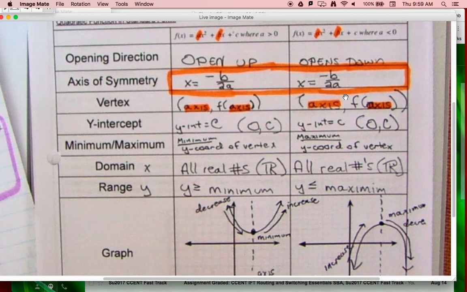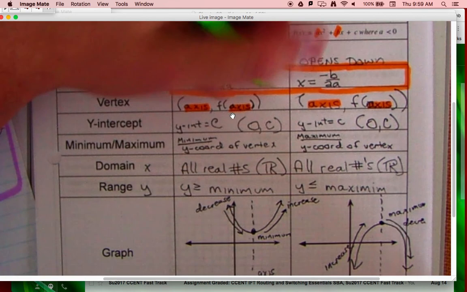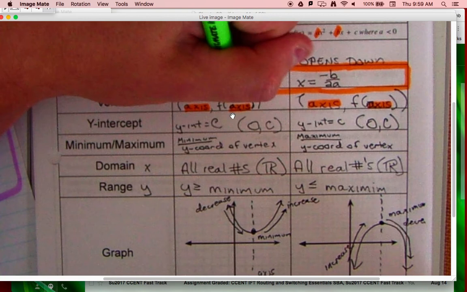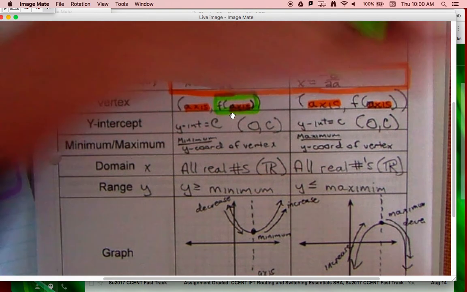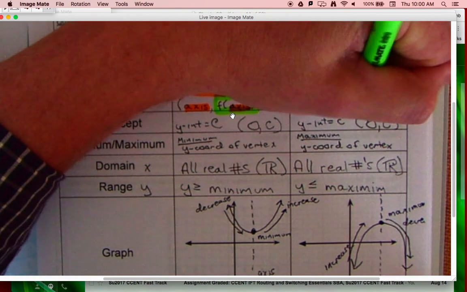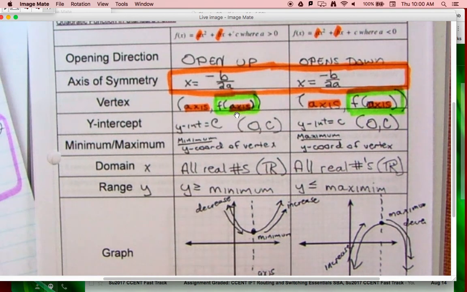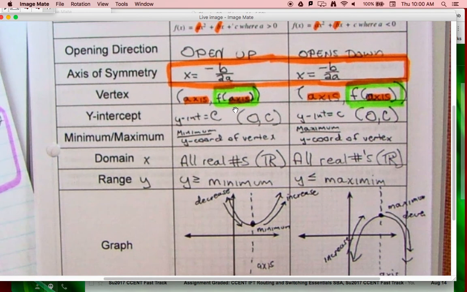All right, what's next? So we find the axis of symmetry that comes from those values. The next thing I find is my y-coordinate on my vertex. So I'm going to highlight the y-coordinate on my vertex in green. Now, the cool thing about that is that whatever this y-coordinate is, that's also my minimum and my maximum.